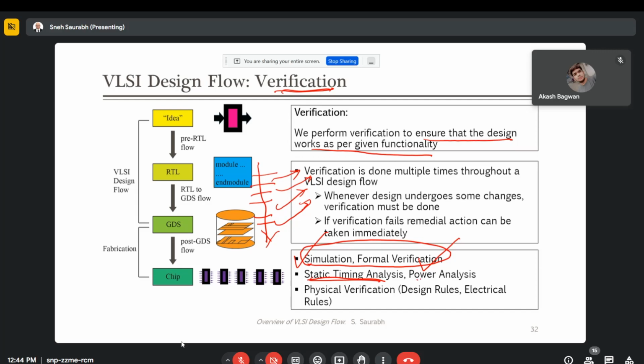And then we also carry out power analysis to understand whether we are meeting the power numbers. And we also carry out various physical verification tasks, such as design rule check, electrical rule checks, layout versus schematic verification, and so on. Right. In addition to this, we also do power integrity checks, signal integrity checks, and so on before we tape out our chip for fabrication.